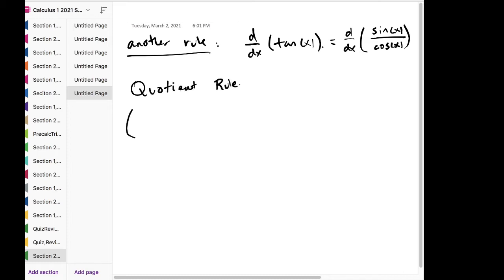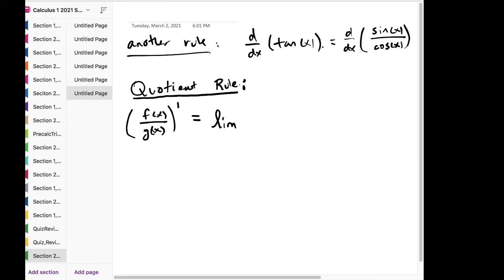So you tell me, how would you find the derivative of a quotient using the limit definition? We don't know the rule yet. There's a lot to type, but you just do the rule.